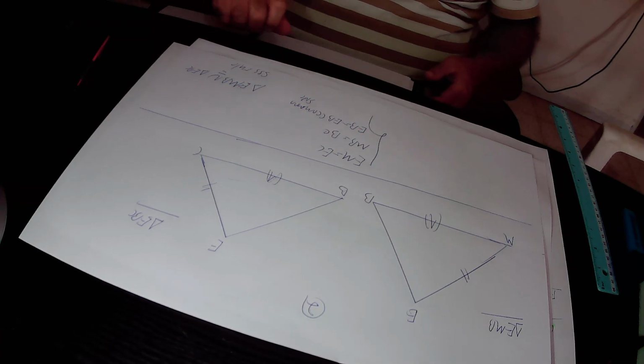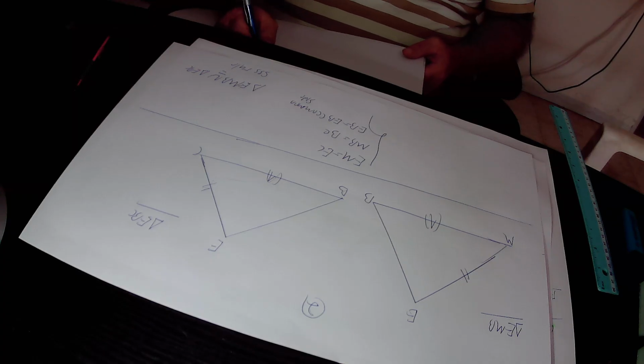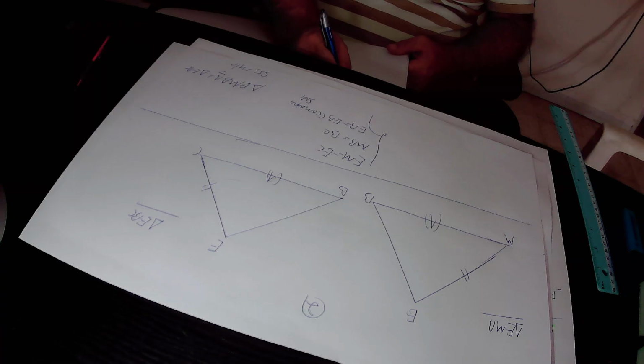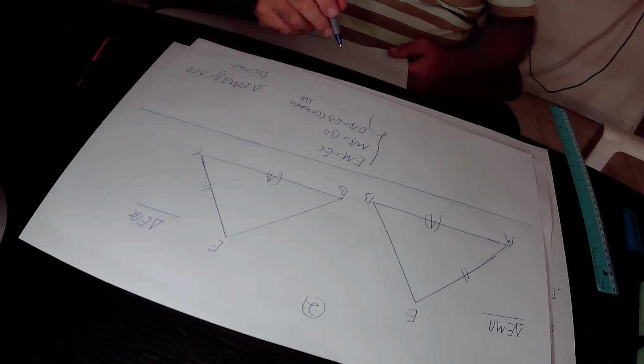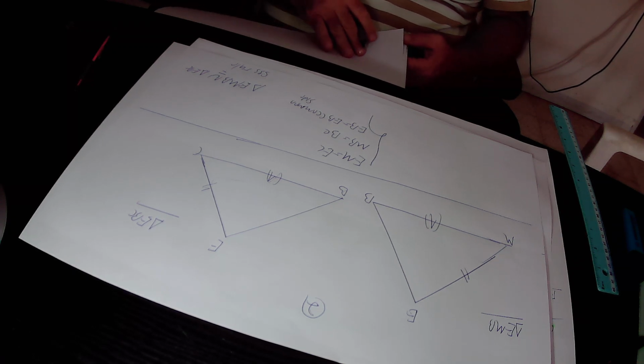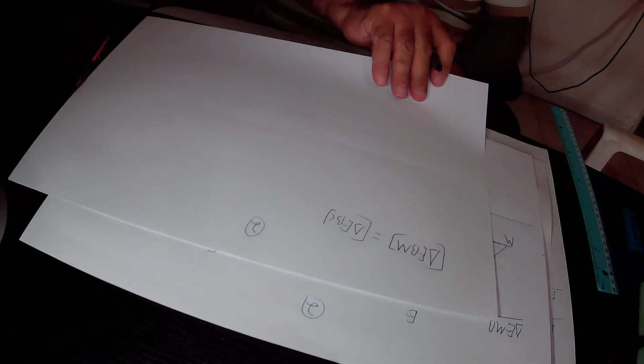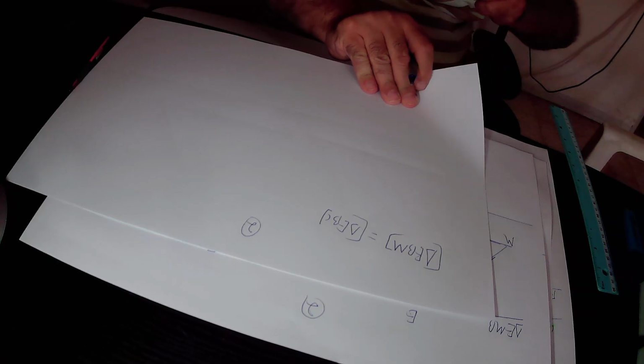So write it down: the area of triangle EBM is equal to the area of triangle EBC.